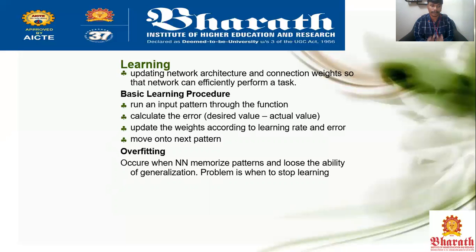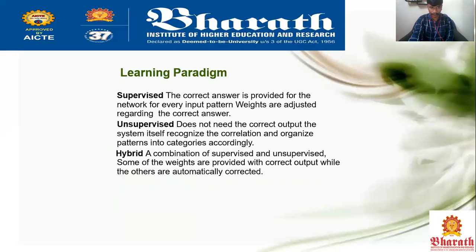So the learning process will not be stopped until the output is produced. This is known as overfitting. These are the rules and steps followed in learning to make the neural network a trained structure that processes the output without any error with higher accuracy.